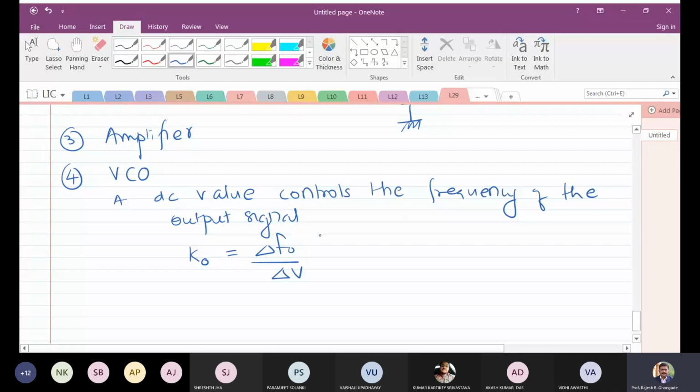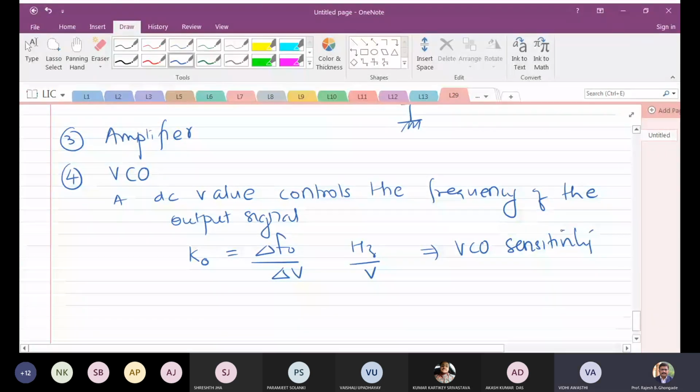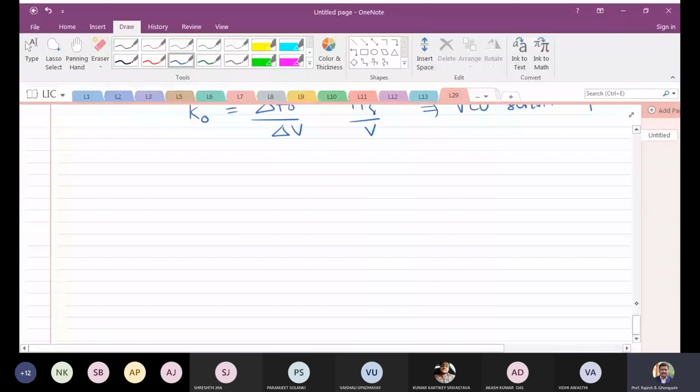So this is also called the VCO sensitivity, and the units are hertz per volt. These are the basic building blocks. We have already seen the VCO, so I need not go into more details.